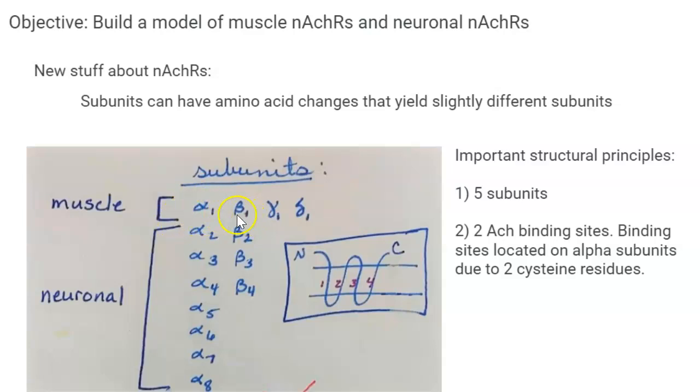So for the muscle, you take all these and you add in an extra alpha, you get 5. In the neuronal, you just need 2 alpha and then any combination. And the binding site for acetylcholine is on the alpha subunit. In order to activate the nicotinic acetylcholine receptor, you have to have 2 acetylcholine molecules bind, and those binding sites are on the alpha subunits.